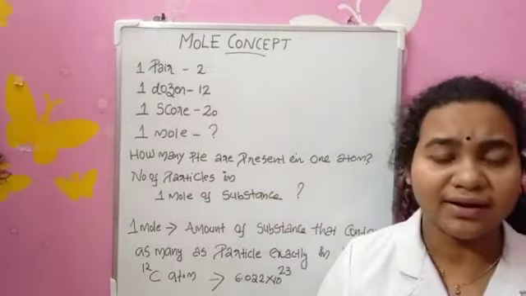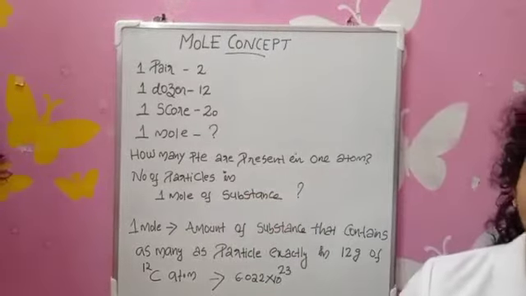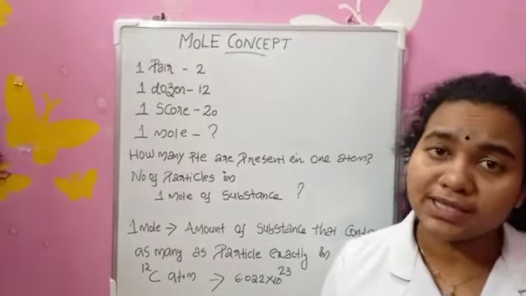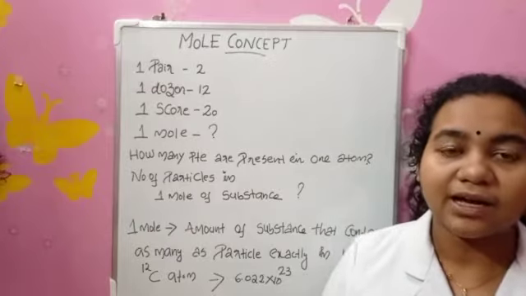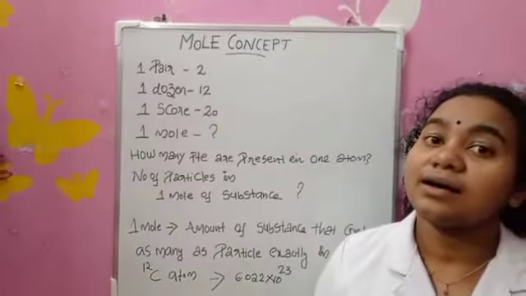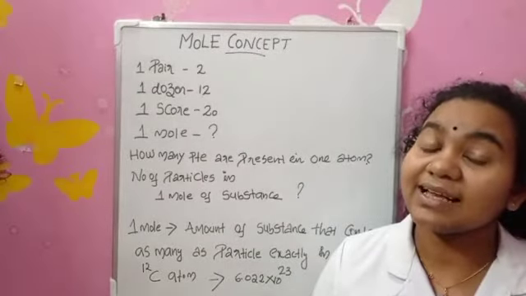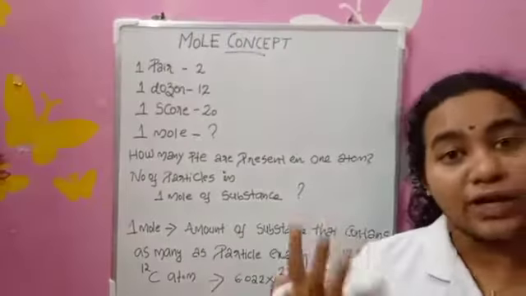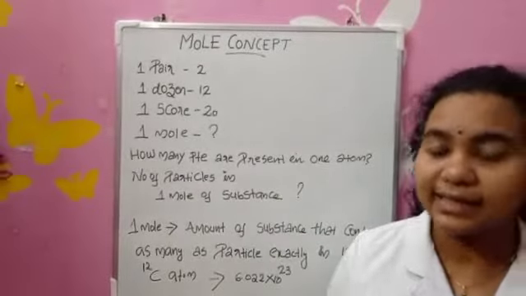So how can we measure 1 mole? We can measure 1 mole using a standard. Similarly, in the case of atomic mass, we took the example of carbon 12. Here also we are using the standard carbon 12.